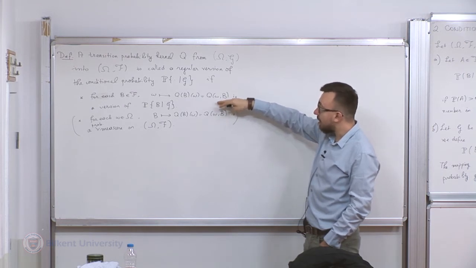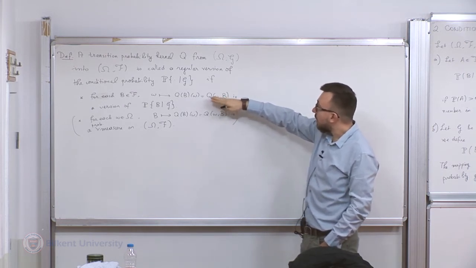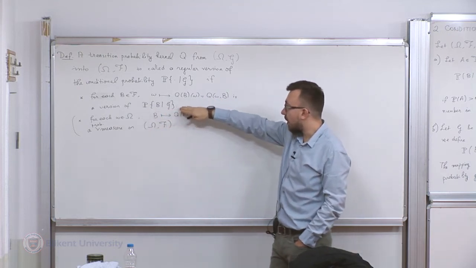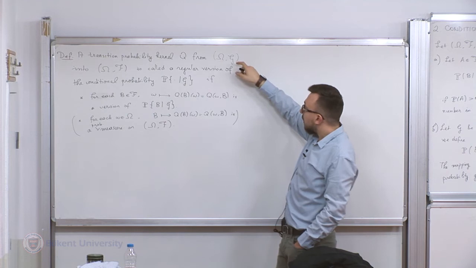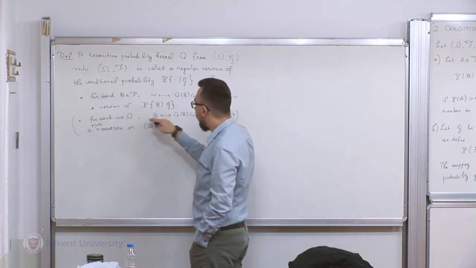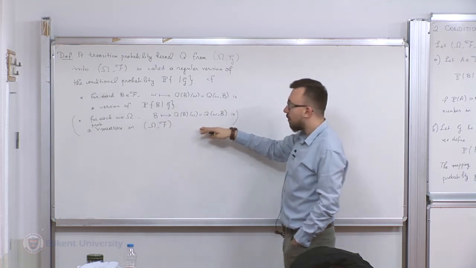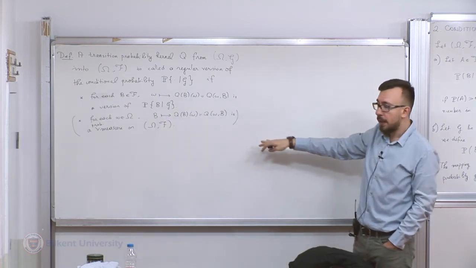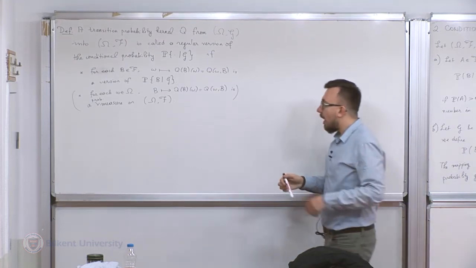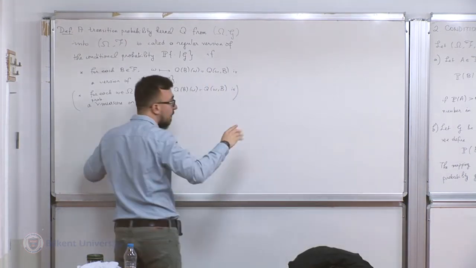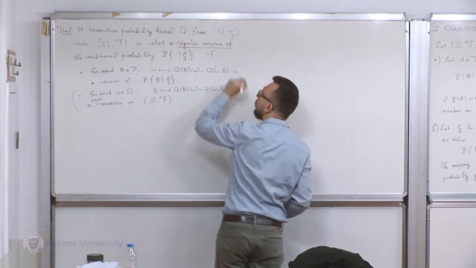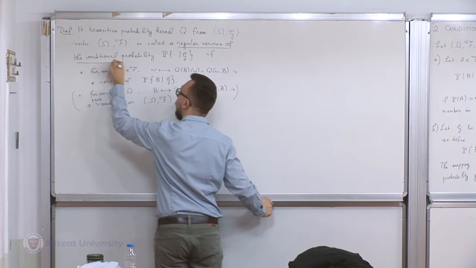This should also satisfy the projection property, namely, this should be a version of the conditional probability of B given G. And the other part of the definition is that as a function of the set, it is a probability measure. Again, before talking about pathological cases, let's say we have a regular version of the conditional probability.